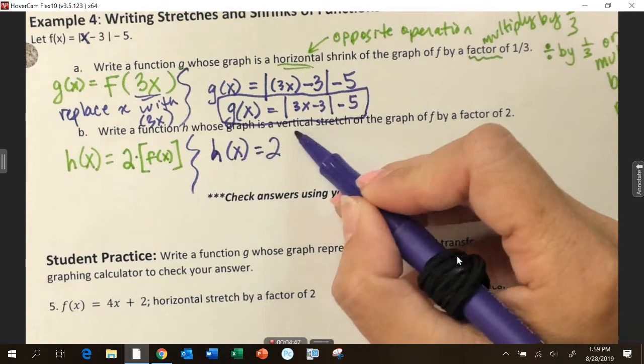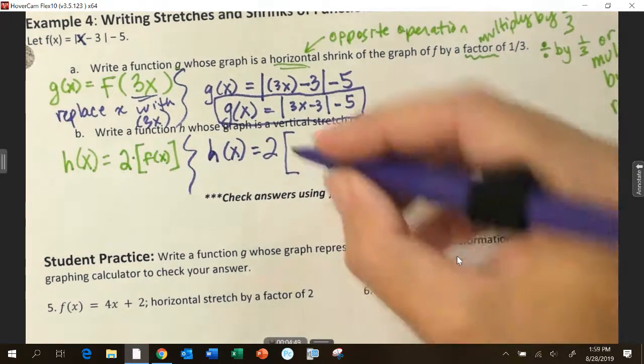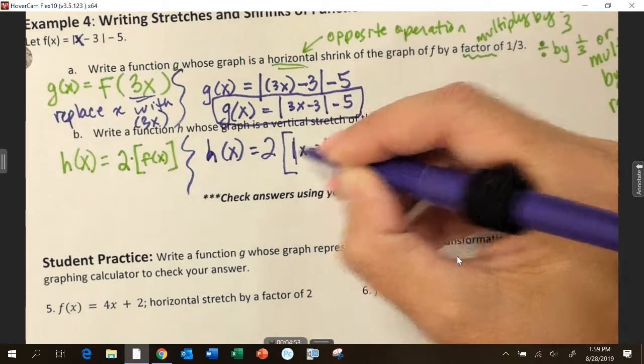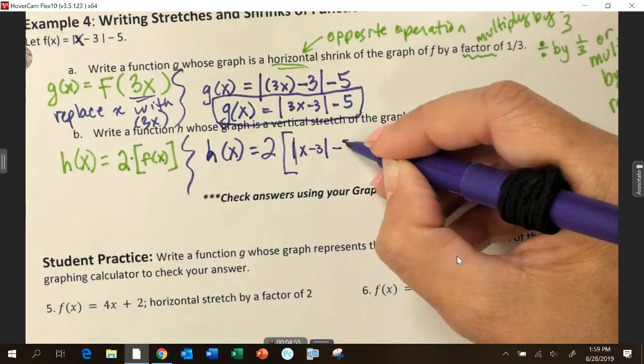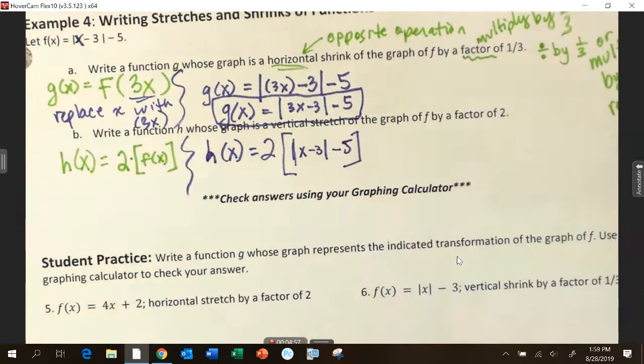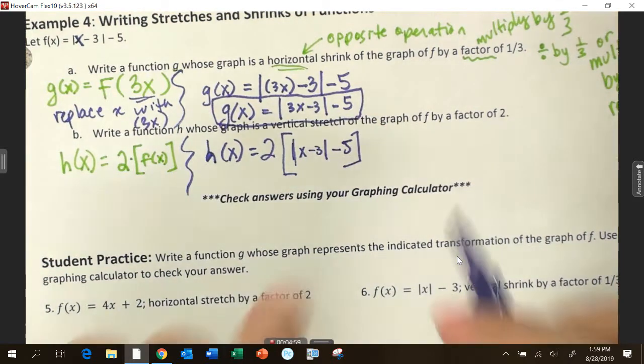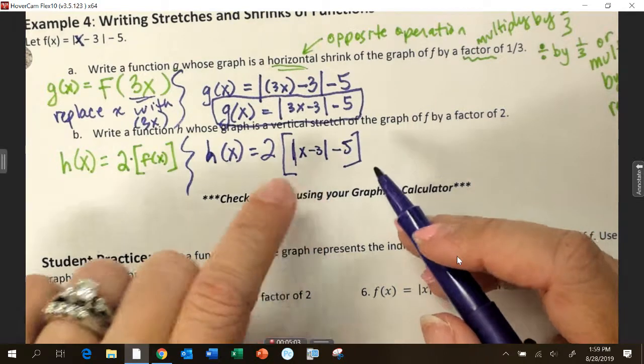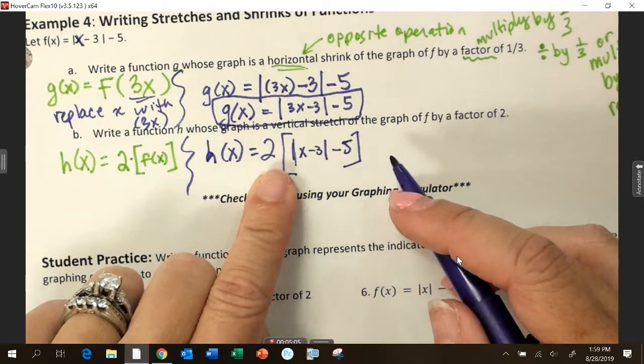So we're going to do 2 bracket. Now I write the whole function in there. Absolute value x minus 3, close absolute value, minus 5. Whew. There we go. So I had to put my function inside that bracket. Is the bracket needed?